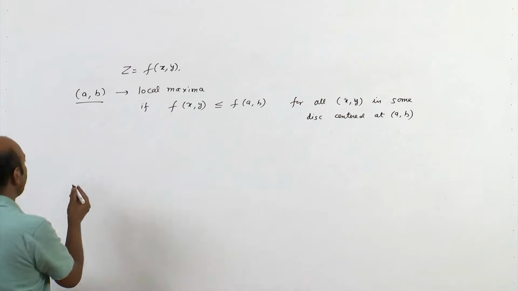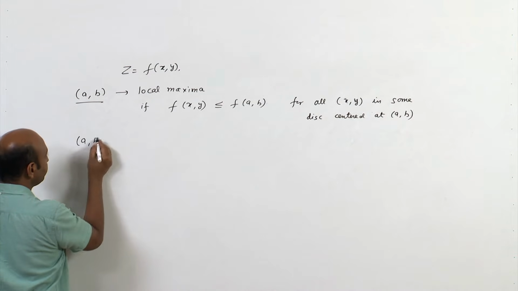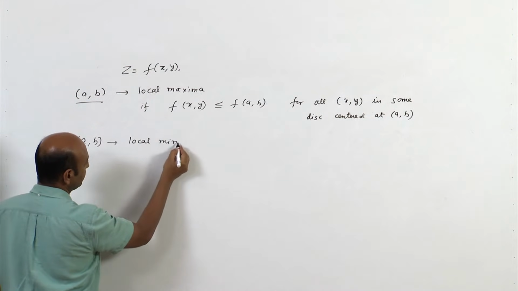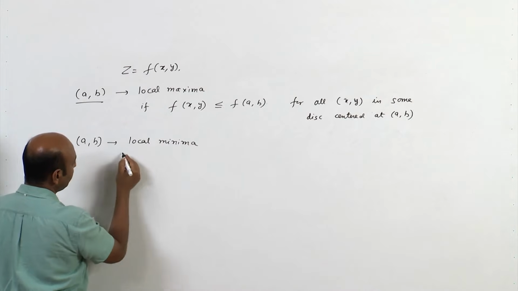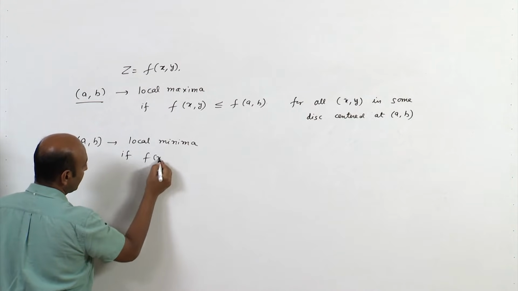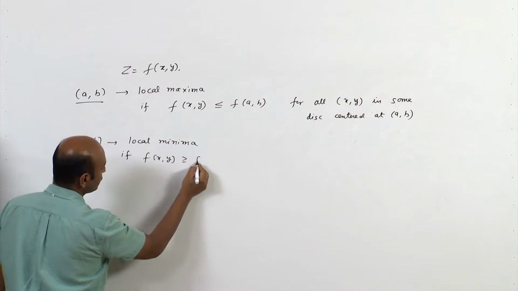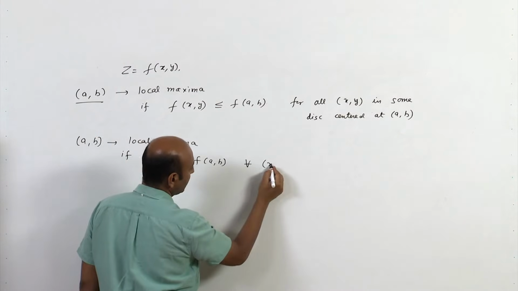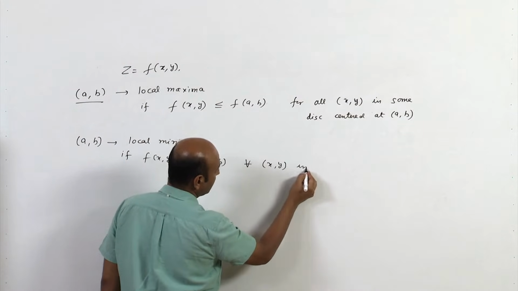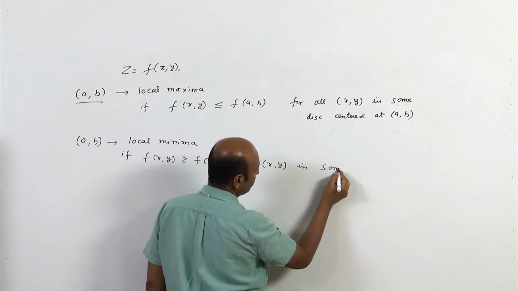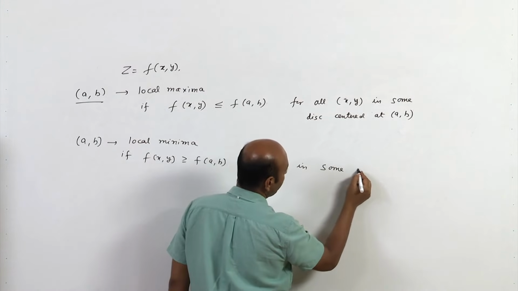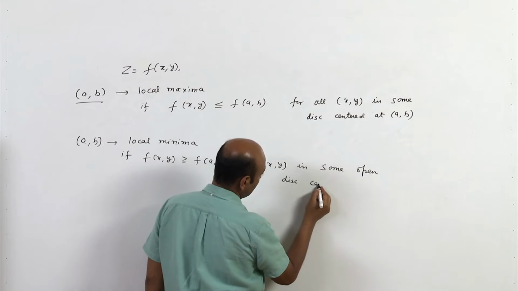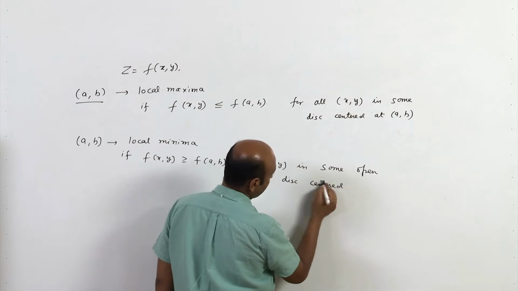Similarly, (a, b) is a point of local minima if f(x, y) is greater than or equal to f(a, b) for all (x, y) in some open disk centered at (a, b).